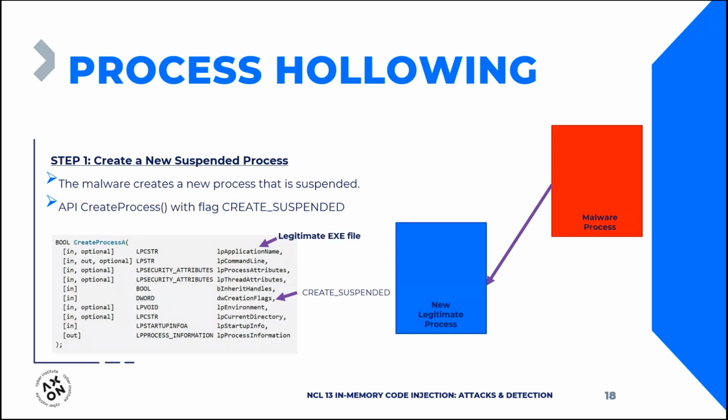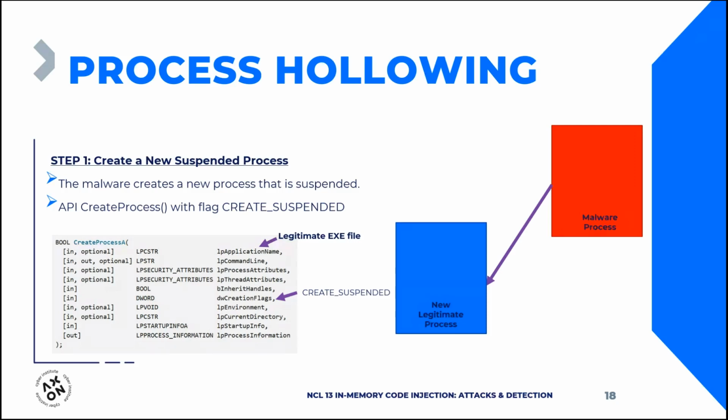So I create a new process and give it the flag create suspended. To create a process, I use the API CreateProcess. It takes many parameters, but only two we would like to focus on. The first parameter is lpApplicationName, the path to the original exe file on disk, like C:\Windows\notepad.exe.